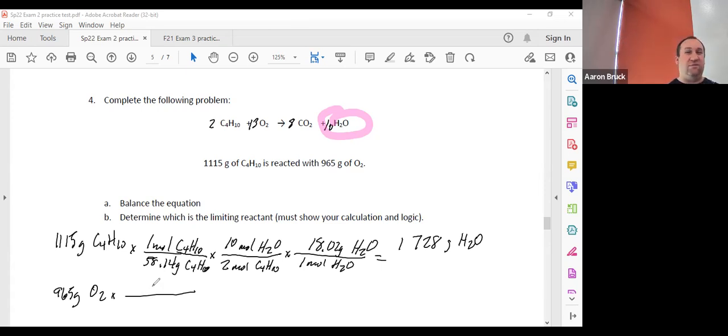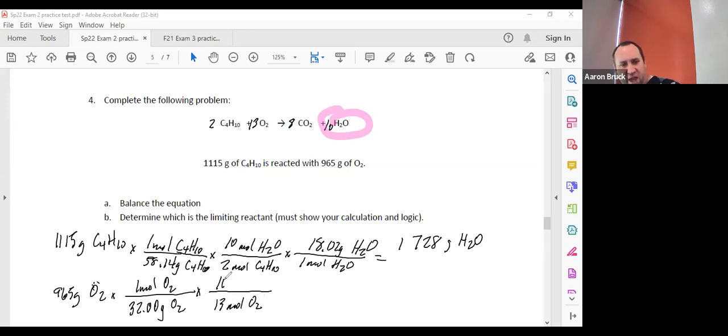Is that a lot? Seems like it, but we don't know in the context of the other reactants. We have to do the same thing for the oxygen. Oxygen is 16 each, so 32 grams for every mole. 13 moles of oxygen for every 10 moles of water.